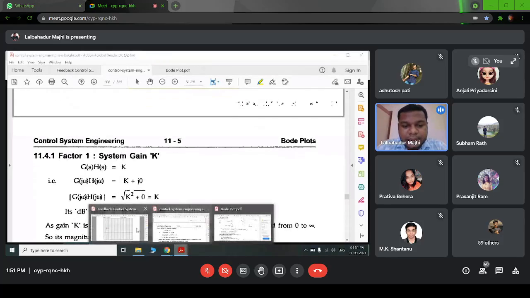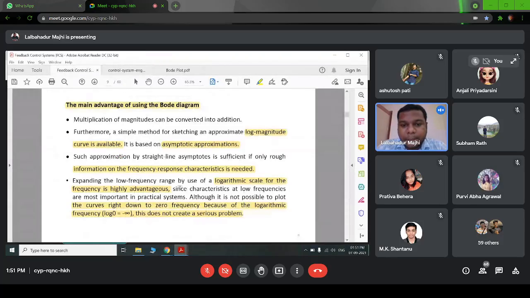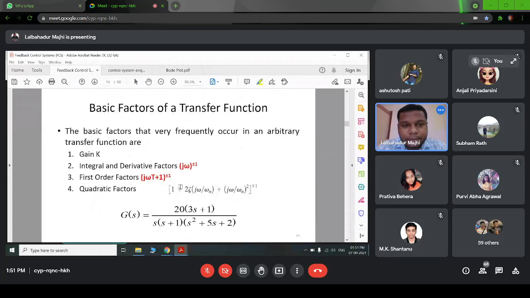So let's go to this Bode diagram. First let's see the basic factors of a transfer function, right? We know in our transfer function we will have a system gain K, and an integral or derivative factor. We can take j omega as s, so s to the power plus or minus 1.